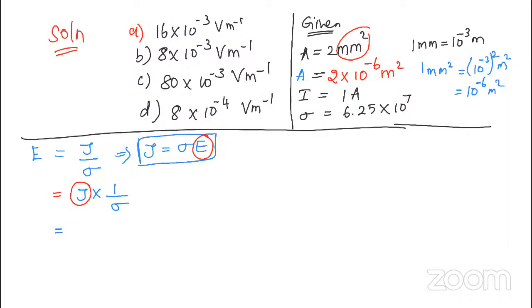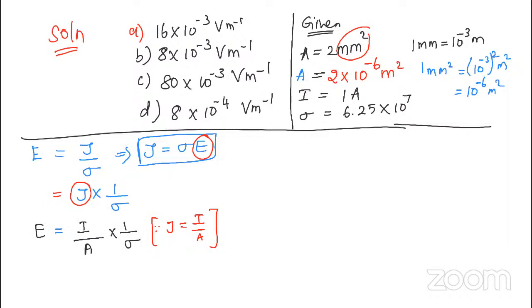Comment and let us see. Yes, it is current density, that is I by A. Very good. So for the J value we write I by A. Let us now substitute it here. What will change in the formula? I divided by A into 1 by sigma is equal to E.